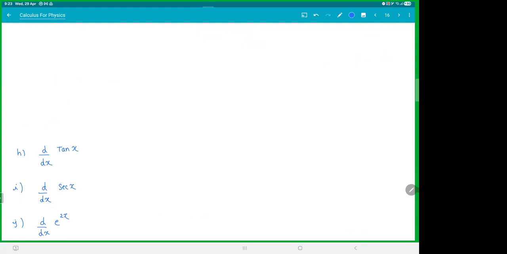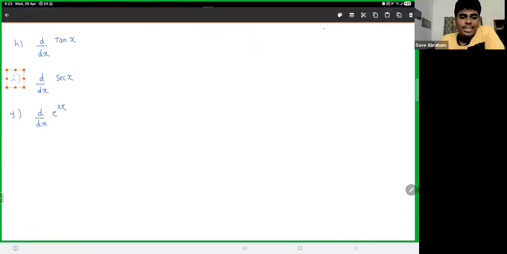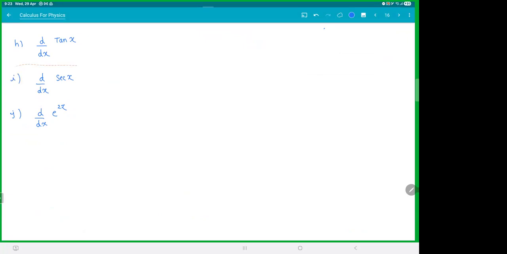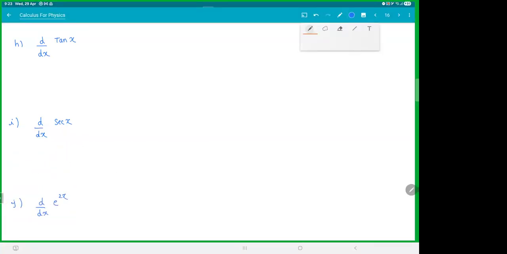The next thing. We still have tan x. How do you do tan x? Dave, what do you think? Sin x by cos x. Perfect. We have to use the division rule. So this can be written as d by dx of sin x by cos x.